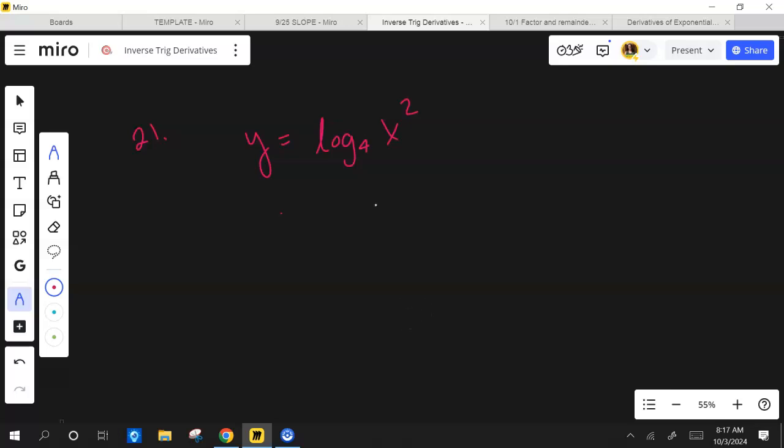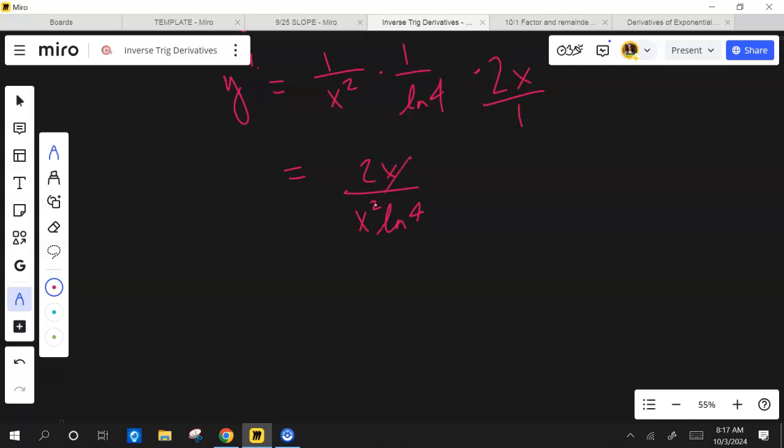Okay, so I'm going to do 1 over x squared times 1 over the natural log of 4, but now I have to change times 2x. Now this becomes 2x over x squared log 4. So I get 2 over x log 4.